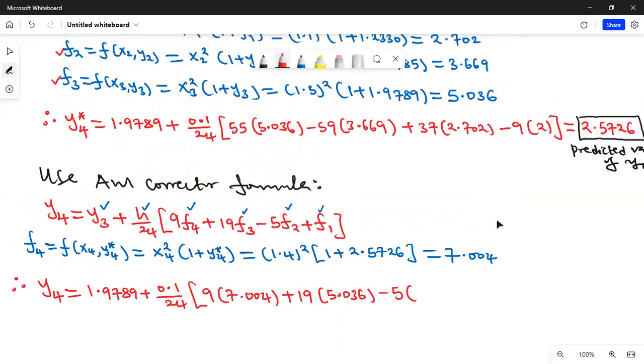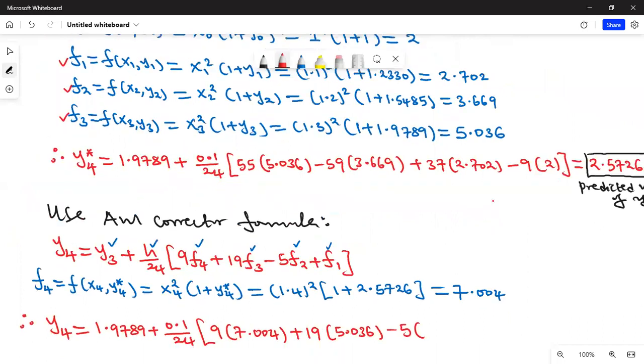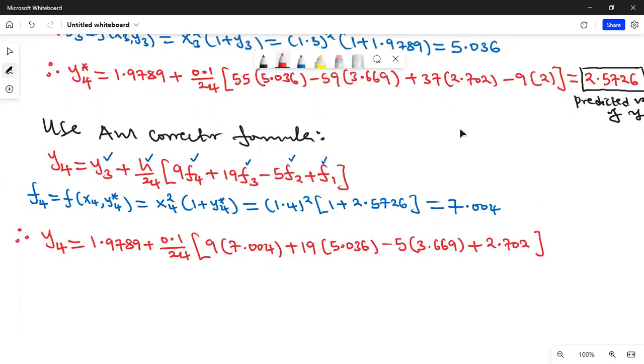Let's refer to our F2. That was 3.669. Then we have plus F1, which is 2.702. That's what we have.